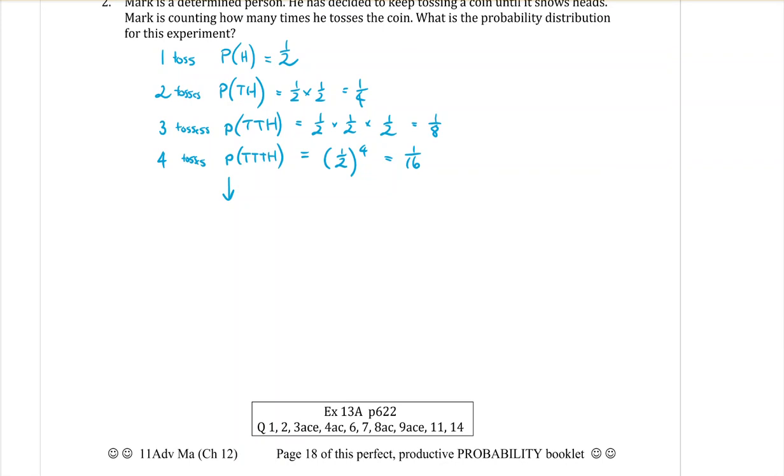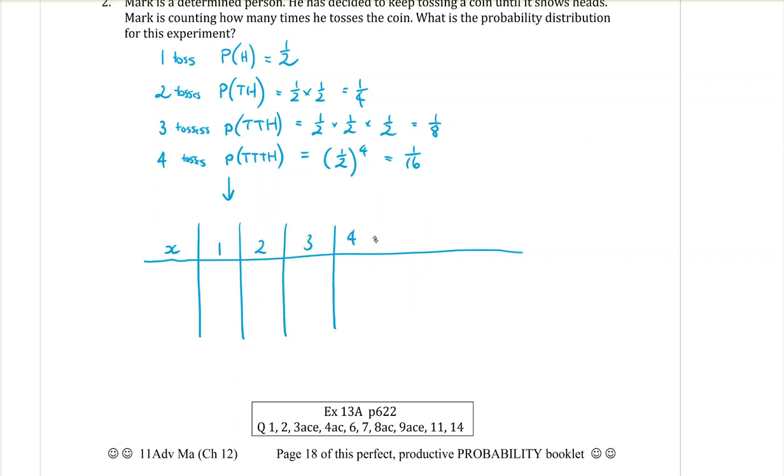We want to write that, however, in our distribution little table here. So x, and the numbers on the top here are representing the number of tosses that it takes before you get a head. So 1 toss, 2, 3, 4, and then we're going to have dot, dot, dot, because we're going to have to try and generalize this to go n times.